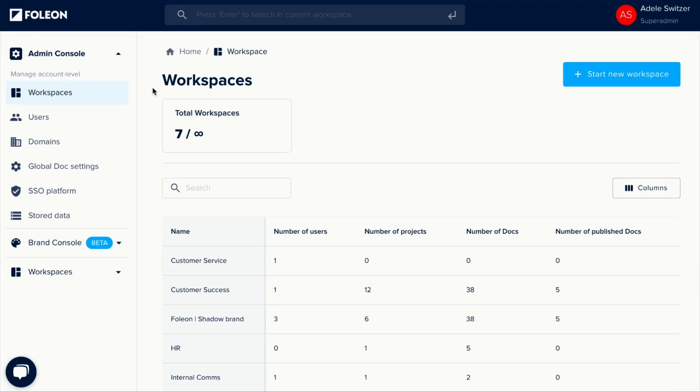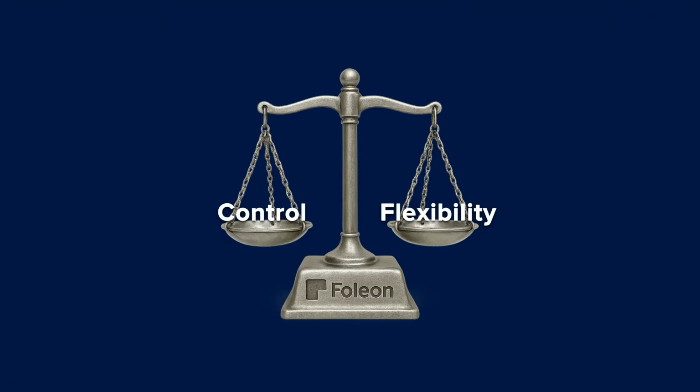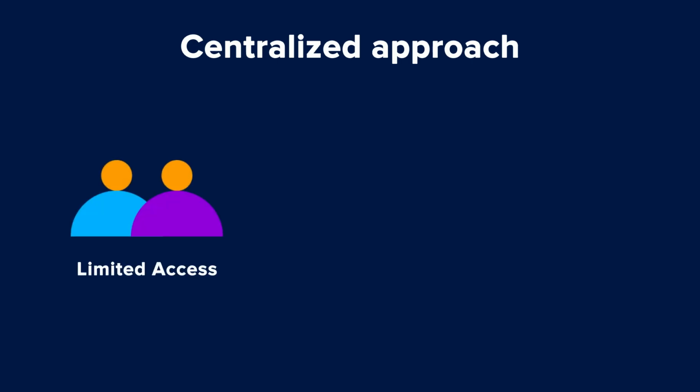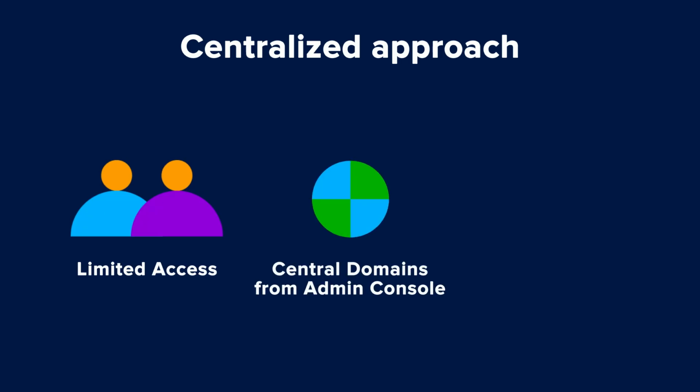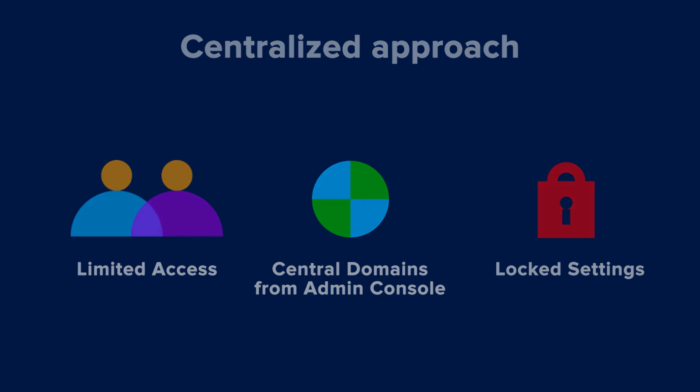Now that you've seen what the admin console can do, you can start thinking about where your organization sits on the scale between control and flexibility. If you're taking a centralized approach with maximum control, you'll likely limit admin console access to a few strategic users, create centralized domains from the admin console, and have settings locked to ensure consistency.